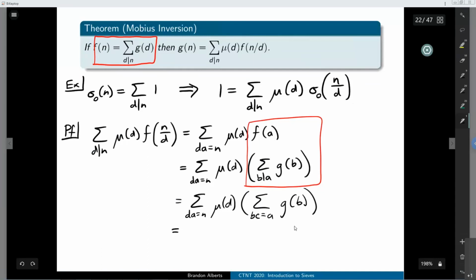There's no a's on the inside. There's an a down here. We have n equals d times a, but then we immediately say, oh, sum over all the possible ways to factor a as b times c. So this is the same thing as summing over the number of ways to factor n into three integers of the product of these two functions.